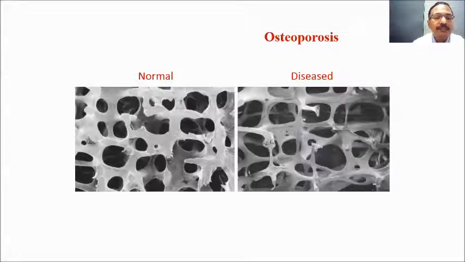There is a mutation in the gene responsible for the synthesis of collagen fibers. Due to the inadequate production of collagen fibers, such patients develop brittle bones, and usually suffer from bone fractures.